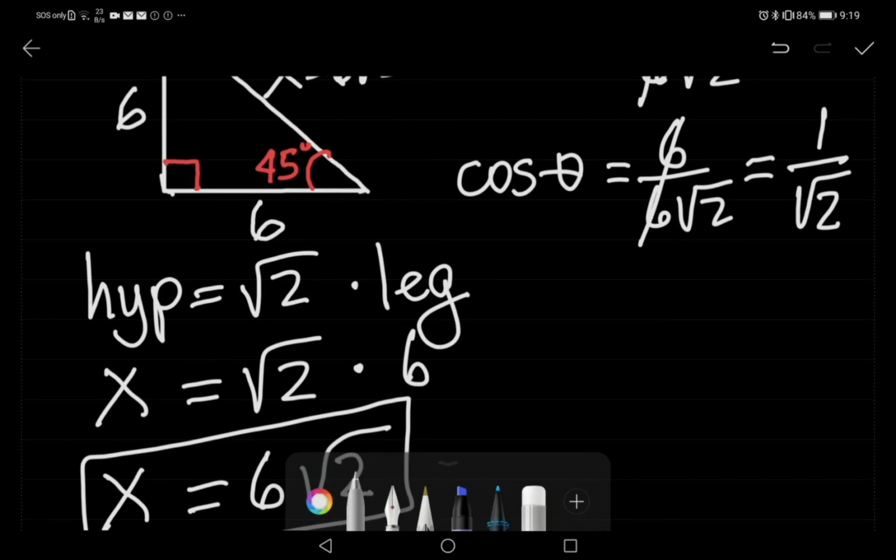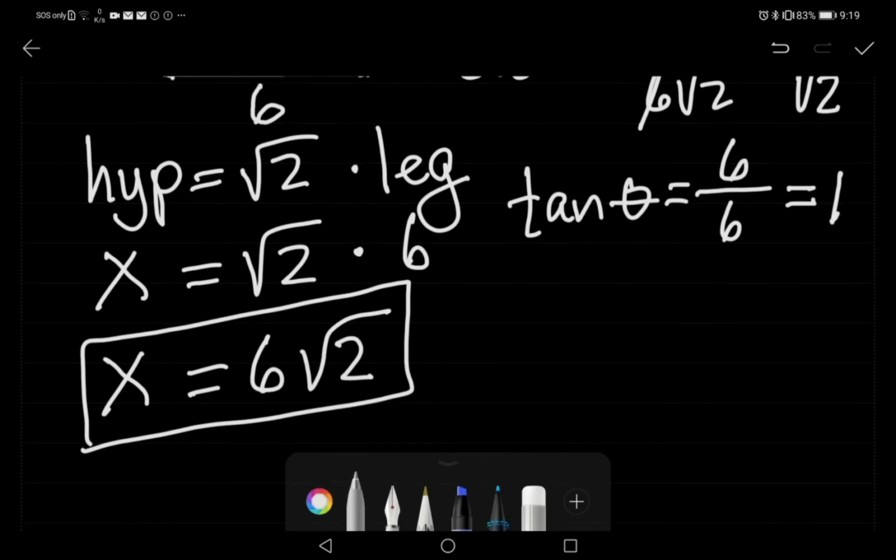The next is tangent theta. Tangent theta is equal to opposite over adjacent. So opposite is 6, adjacent is 6. So 6 divided by 6 is 1.